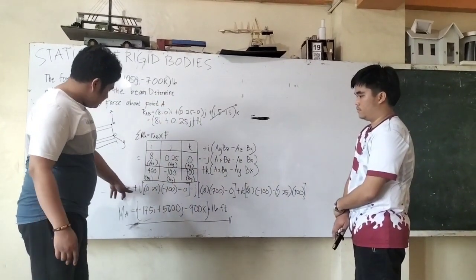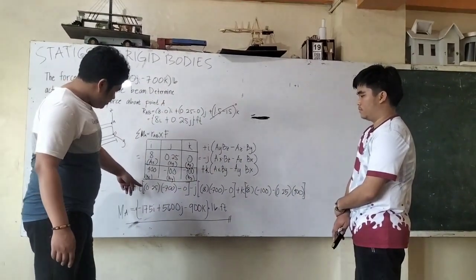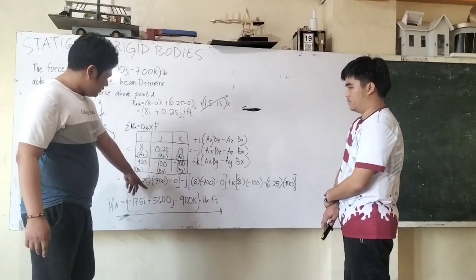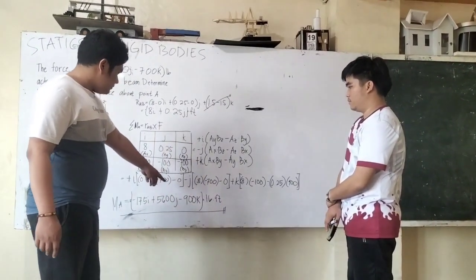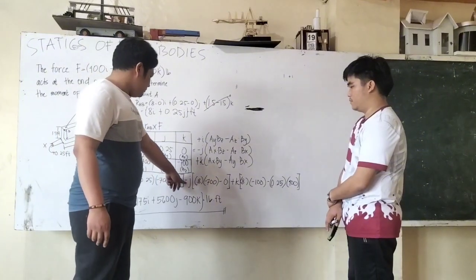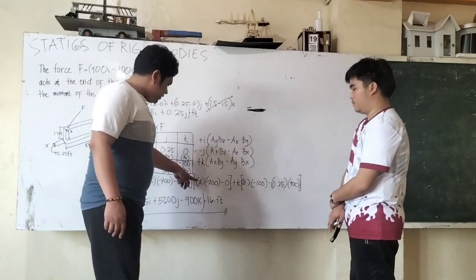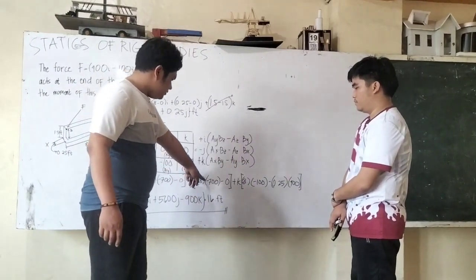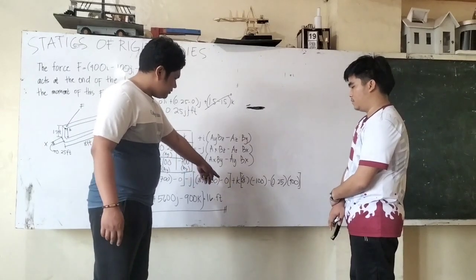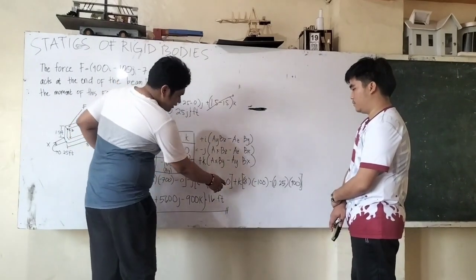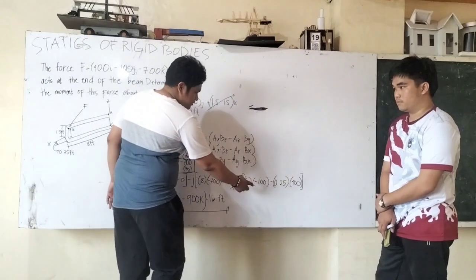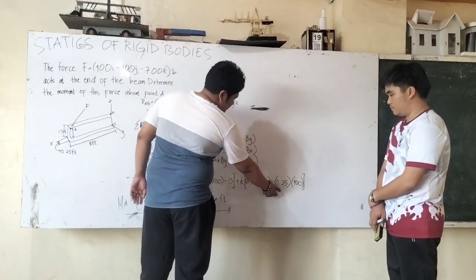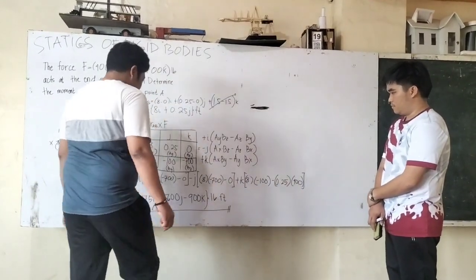So we have positive i, 0.25 times negative 700 minus 0. Negative j, 8 times negative 700 minus 0. And positive k, 8 times negative 100 minus 0.25 times 400.